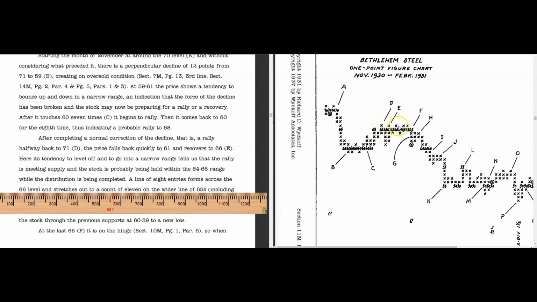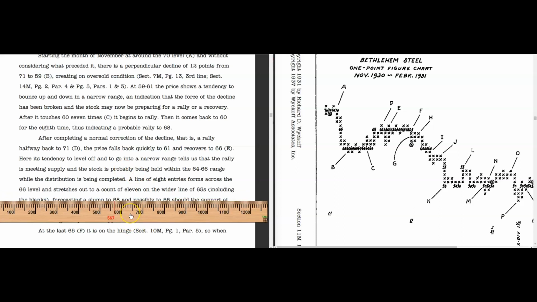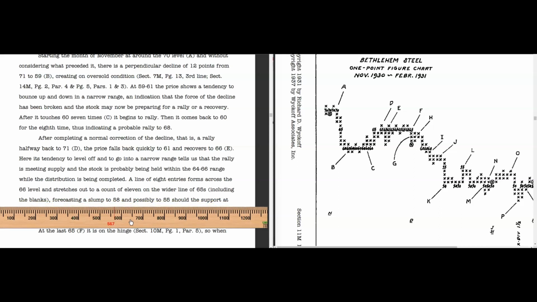At price level 66, the halfway back point, you have a count of 8. What about the 65 line? You have a count of 11. Okay, so you have 2 counts, one of 8 and the other of 11.